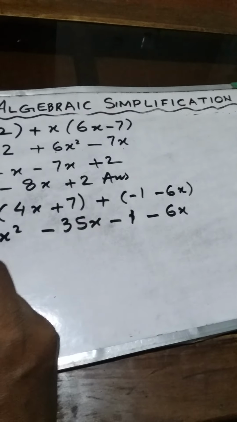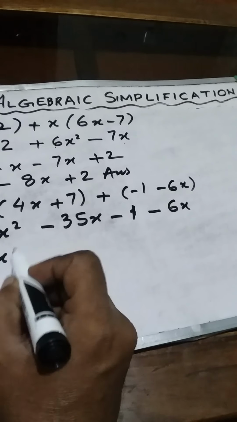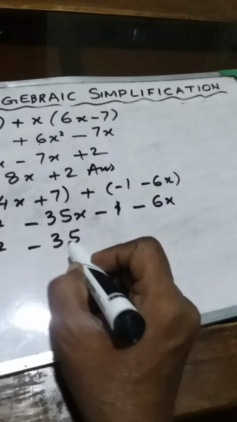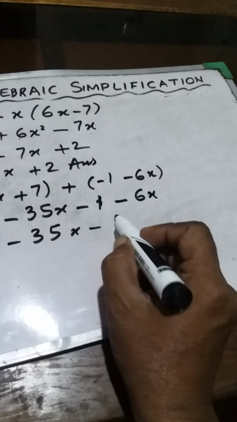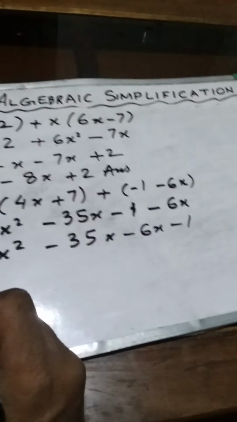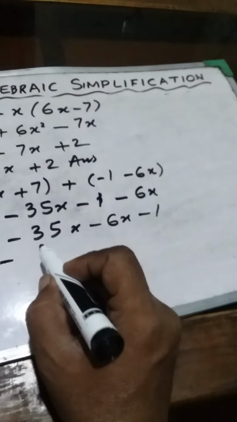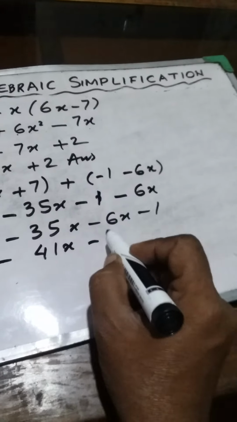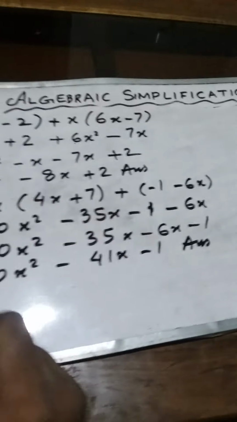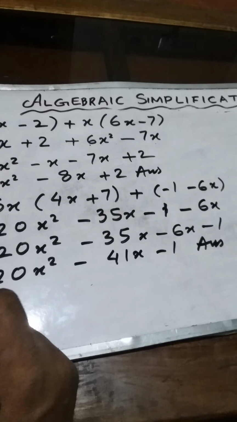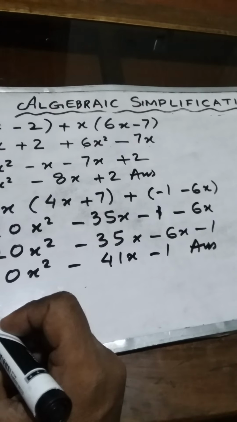Now minus 20x square minus 35x minus 6x minus 1. Minus 20x square minus 41x minus 1. This is the answer.